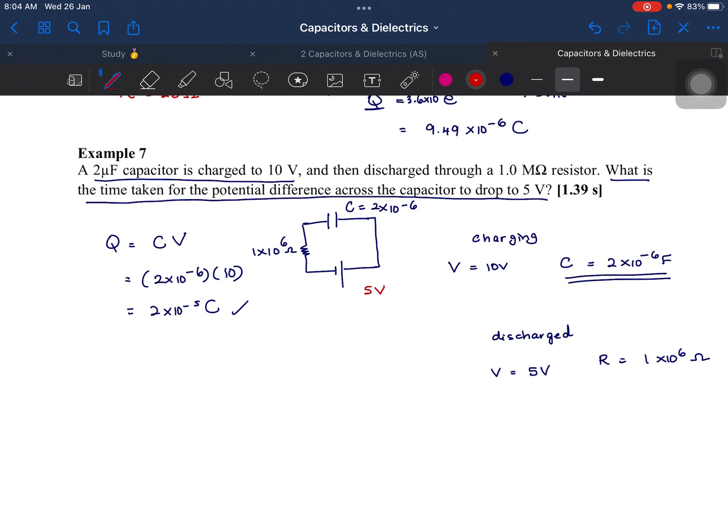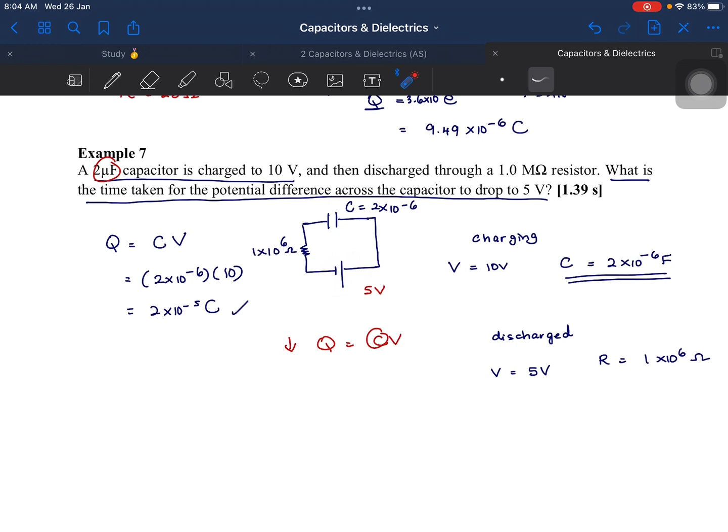Jadi 5 volt. Obviously, you punya charge akan berkurang lah. Okay. So, charge kamu mestilah akan berkurang. We cannot change the capacitance. Capacitance ni adalah fix untuk satu capacitor tu. So, kalau dia cakap 2 microfarad, so, 2 microfarad lah tak boleh berubah. Yang boleh berubah adalah dia punya charge dengan dia punya voltage. Sebab voltage tu adalah daripada power supply.